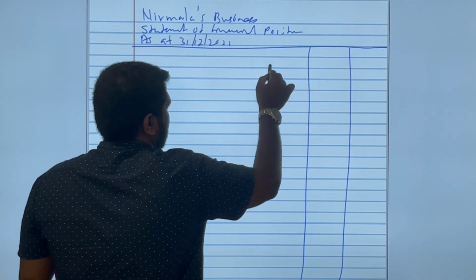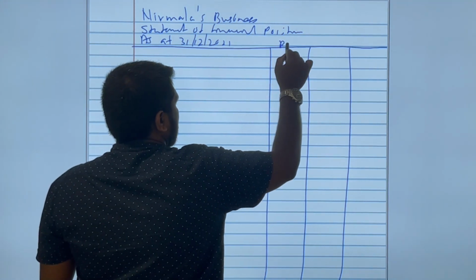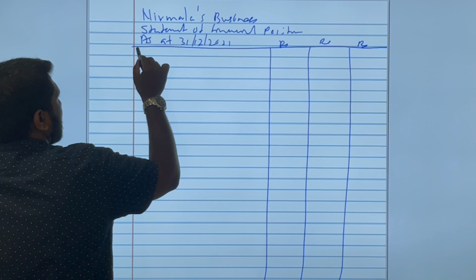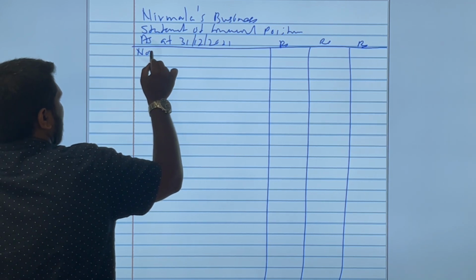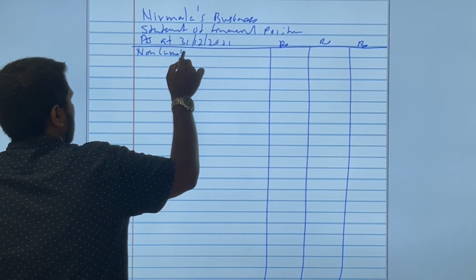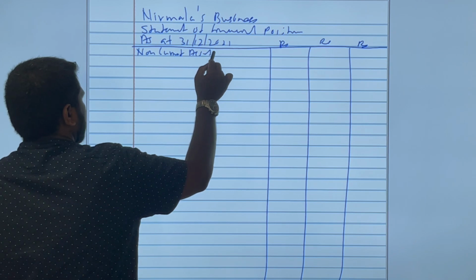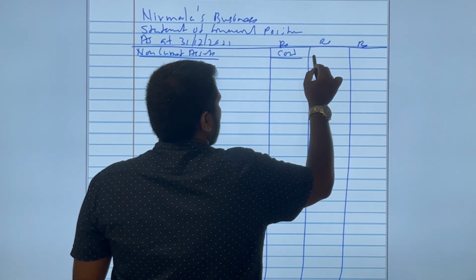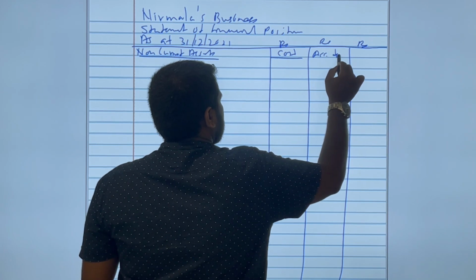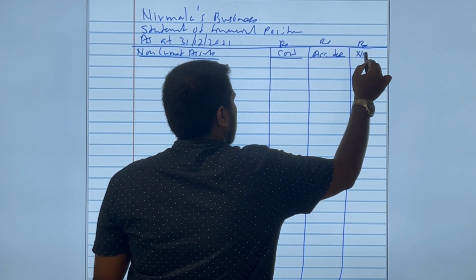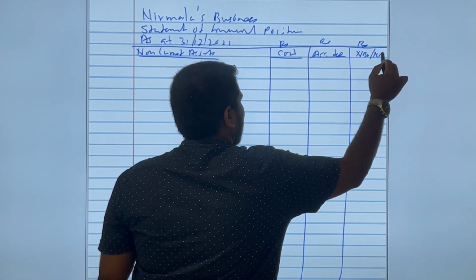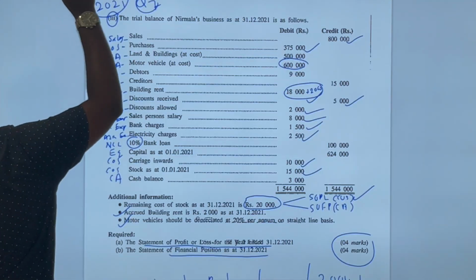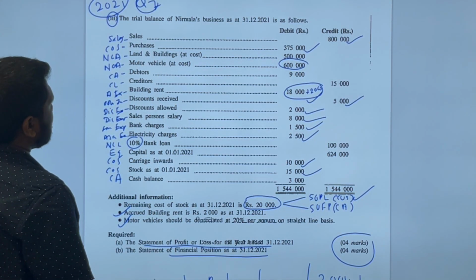So let's get these values. Rupees. First you have to start with the non-current assets. Here you have the cost, and here you have the accumulated depreciation. Here you have the net book value or net carrying value, whatever. You can write anything.